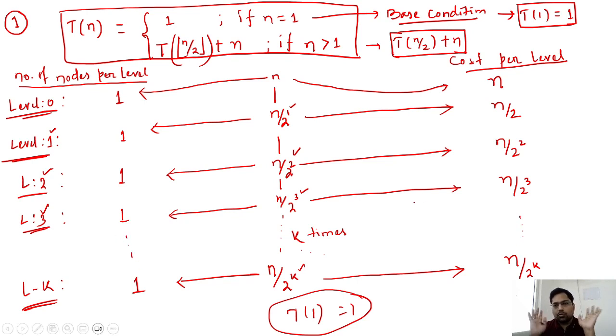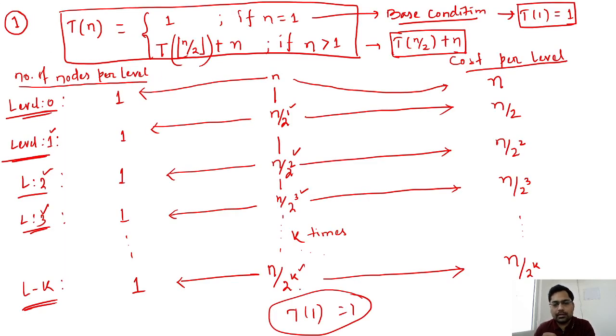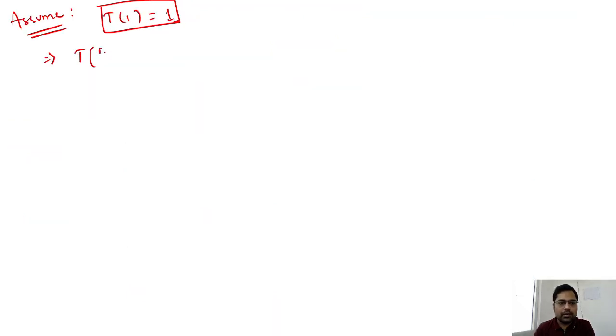50% of the work is over. Next part is, what is the next step? Before that you have to assume you have reached the base condition. Base condition is declared as T(1) is 1. Now T(1) is this one, T(n/2^k), which is your function.